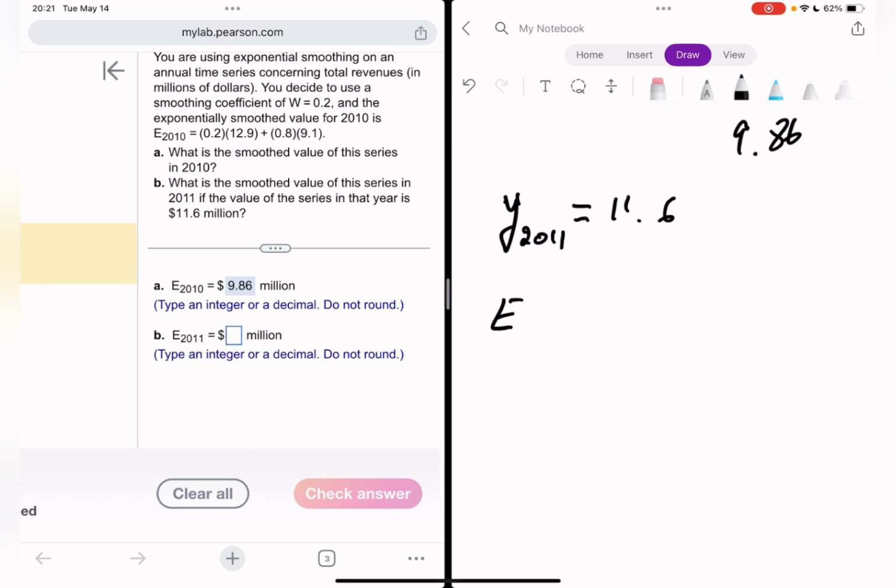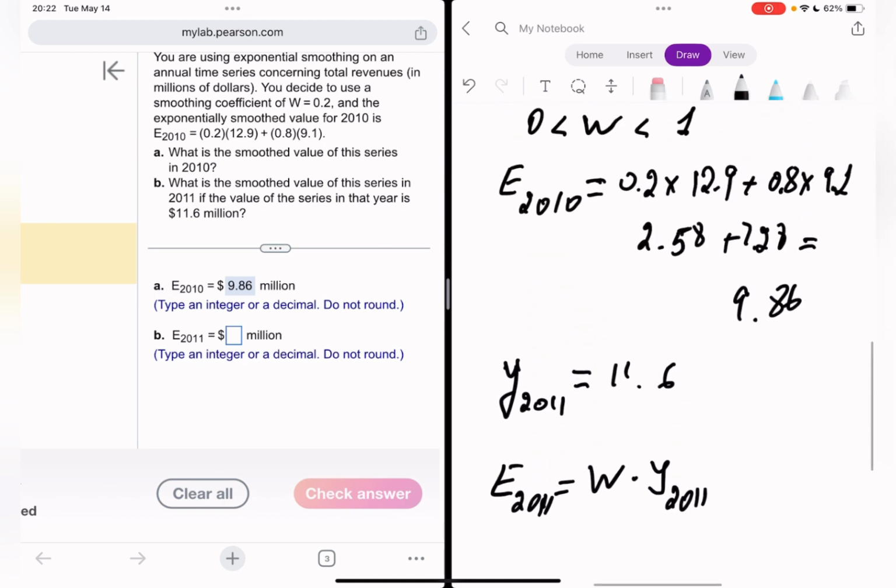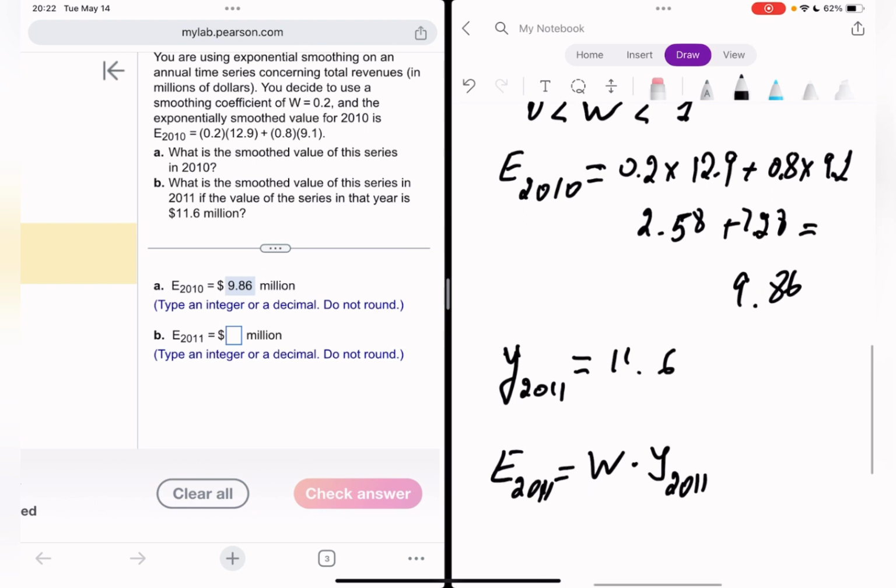The smoothing value for 2011 is going to be equal to W, the smoothing coefficient or weight, times that year, 2011, because here we used 2010 and they gave us the revenue for 2010.